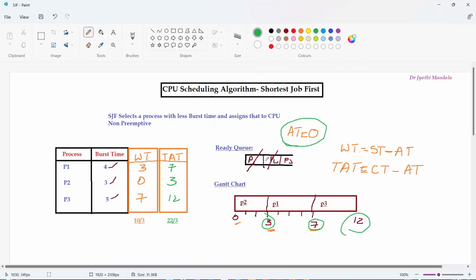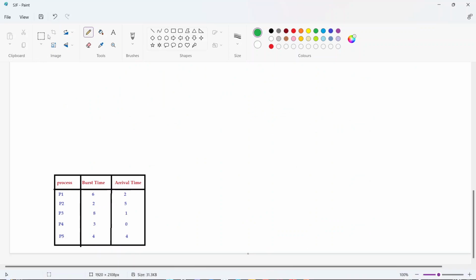Now let us take one more example where the processes are arriving at multiple, like different arrival times. In that case, how to solve the problem? Let us see. Okay. So just consider this problem where I have considered 5 processes. Okay.